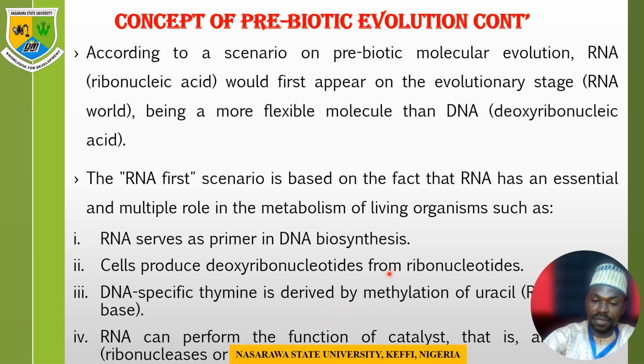So RNA comes first when life is beginning to be formed on the earth. Now there's the DNA-specific base thymine. This base is actually derived from the methylation of uracil. Uracil is an RNA-specific base. So if a DNA-specific base is derived from RNA, it means that RNA will have to come first.